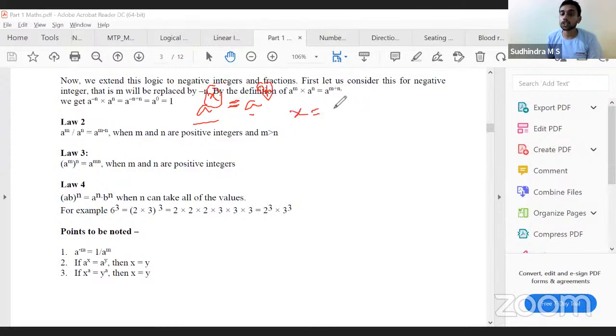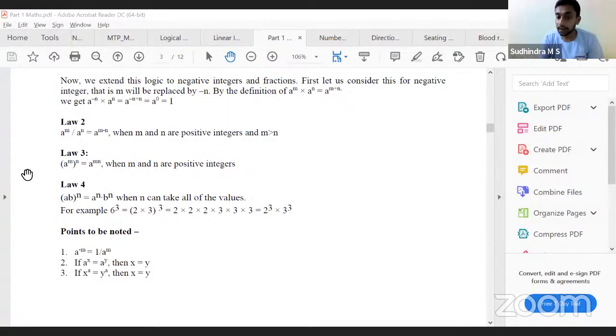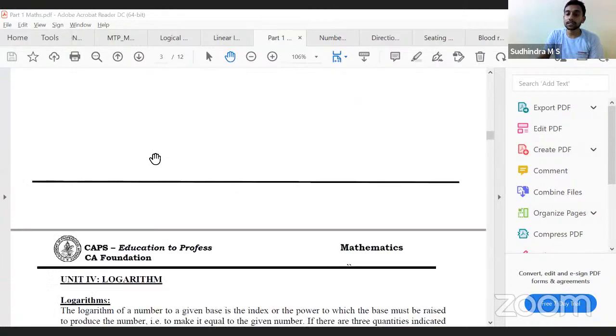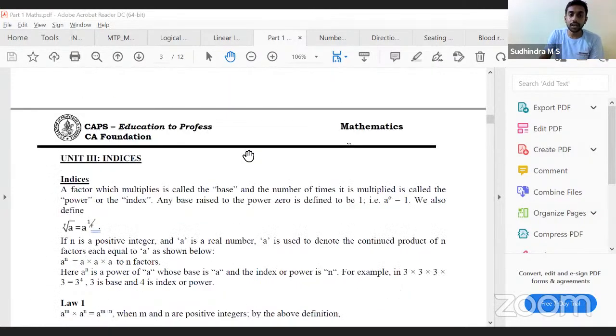Therefore, x should be equal to y. Similarly, x to the power of a is equal to y to the power of a. If powers are the same and we are getting the equation, then the bases should be the same, x is equal to y. These are the important points that we have to remember in the indices chapter.